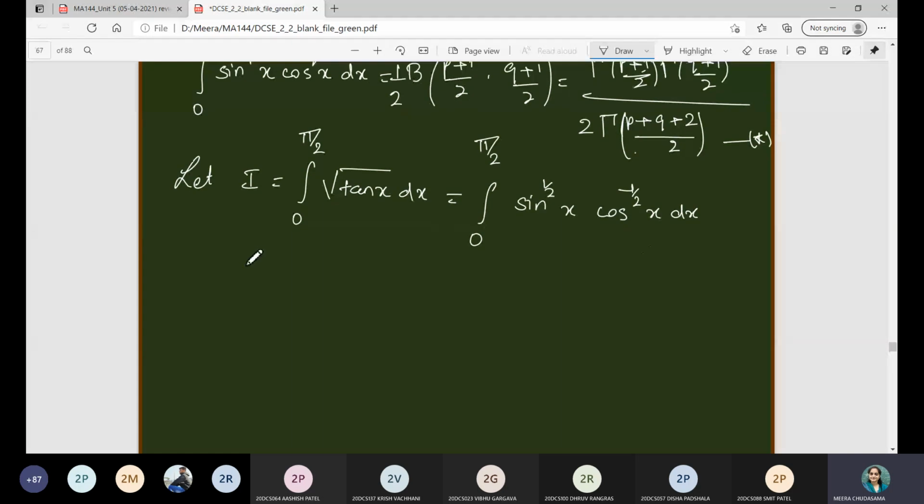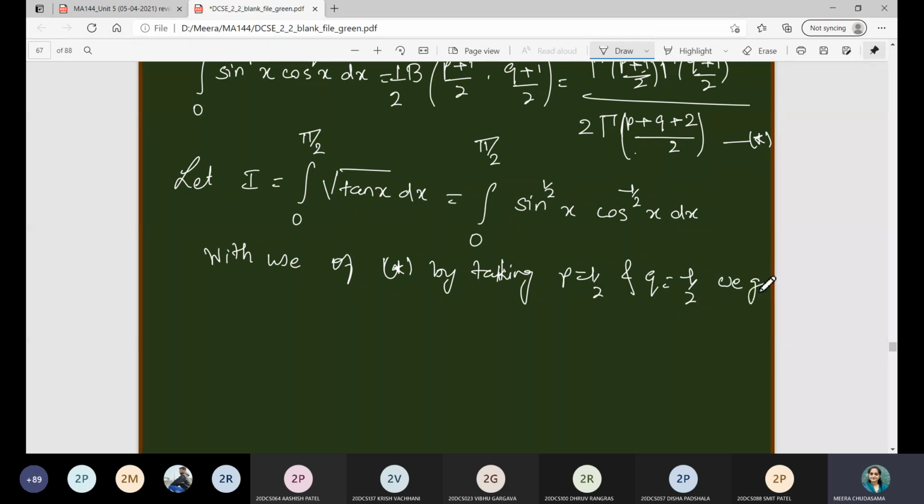So with the use of star, by taking p equal to 1 by 2 and q equal to minus 1 by 2, we get I equal to 1 by 2 beta of (1 by 2 plus 1) divided by 2 comma (minus 1 by 2 plus 1) divided by 2.